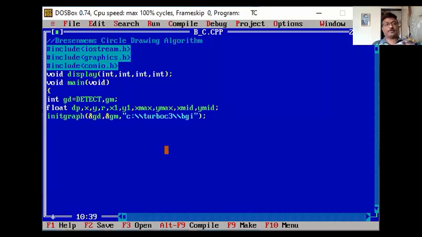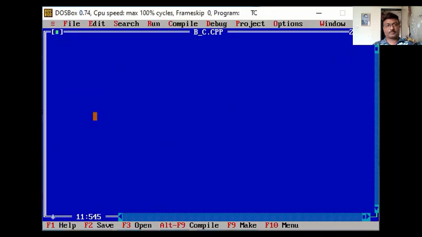This is the file you have to include. So initgraph initializes the graph with gd, gm and then the graphics path. Proceed for the next one. What's our aim? To draw the circle. Wait for a minute.